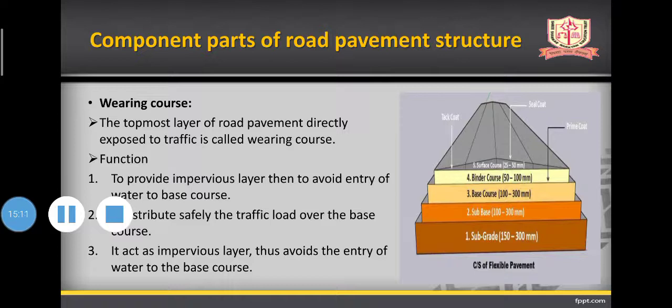Obviously, if soil catches water, then it will lose its strength. To avoid that, whatever water falls because of rainfall or any other thing should go to the side drainage. It should not go into the intermediate layers of our road.